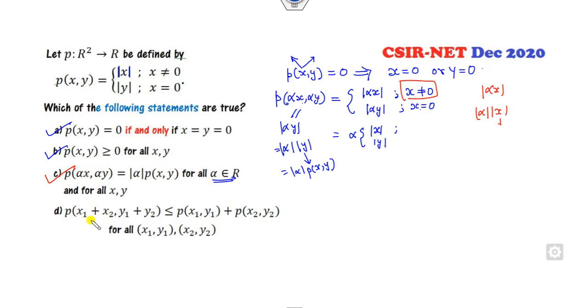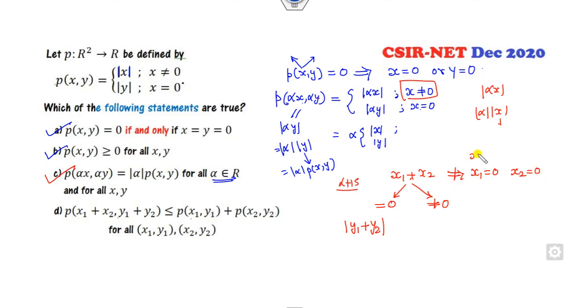Look at this last option. On the left hand side, again there are two cases, whether this is 0 or this is non-zero. If this is 0, then the left hand side will be y1 plus y2. Then what is my right hand side? Now the sum will be 0, but it doesn't mean that x1 is 0 and x2 is 0.